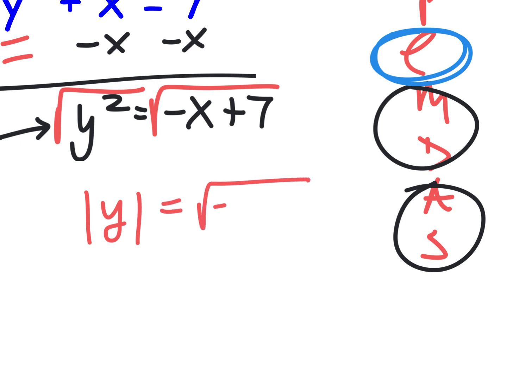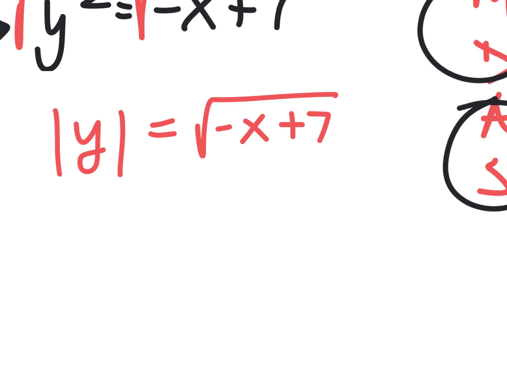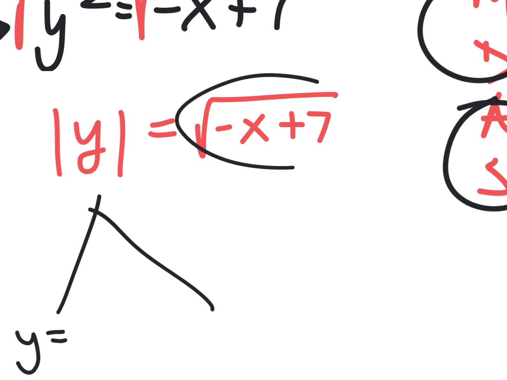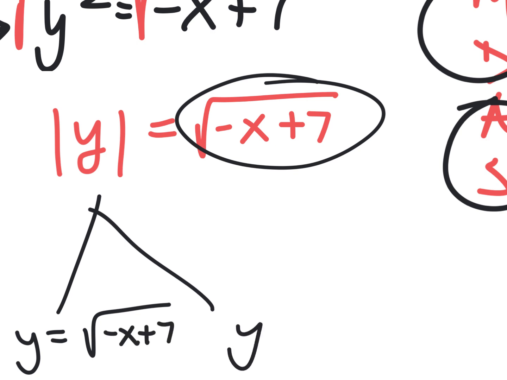And the reason that that matters right here is that you know that absolute values break into 2 equations. Remember this deal, it splits into 2, but we're not going to even finish solving it. We're just going to go, look, there's going to be 2 answers. Y equals this, and y equals negative that.